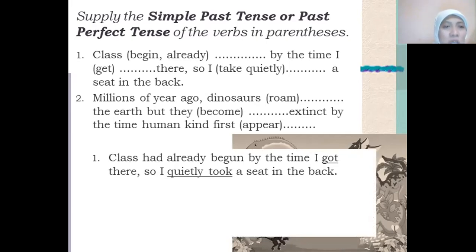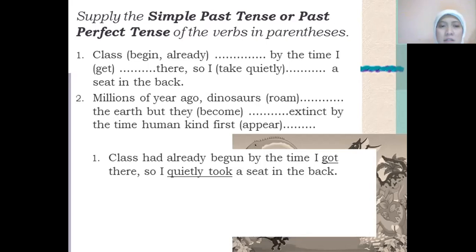Okay, number 2. Millions of years ago, dinosaurs roamed, blah, blah, blah, the earth, but they become, blah, blah, blah, extinct by the time, yeah, again, in here we see the clue, by the time humankind first appeared.